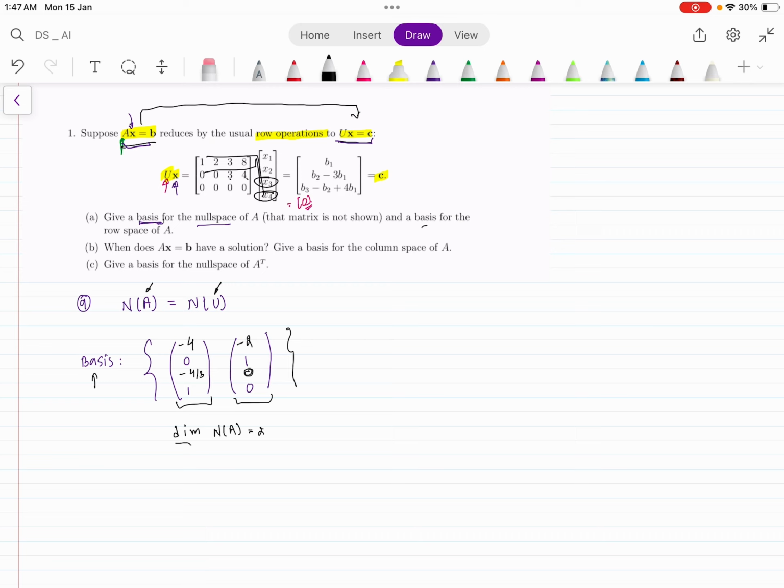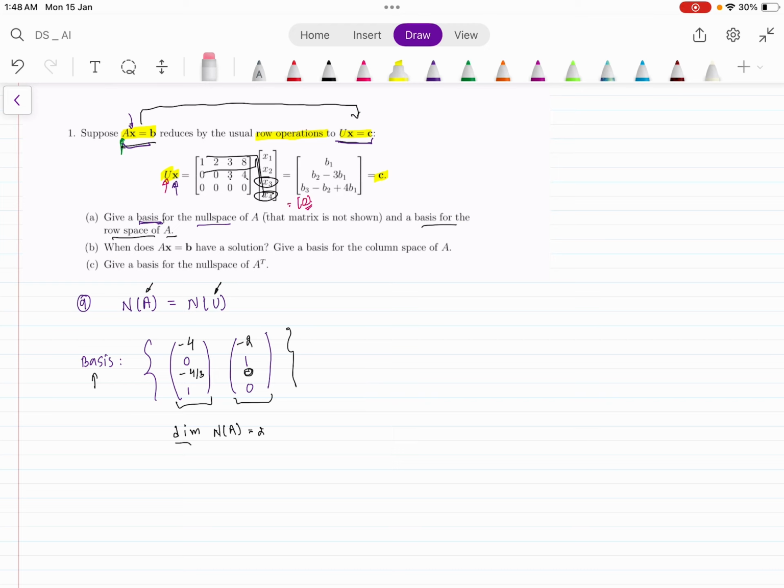And now we have to find the basis for the row space of A. Again, the row space of A will not get changed; it will be the same as the row space of U, right?